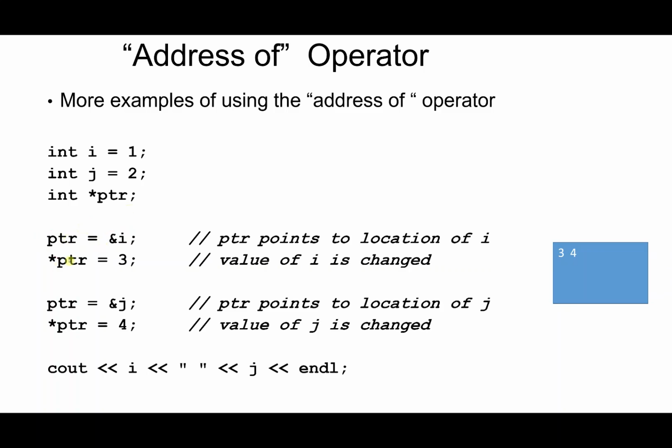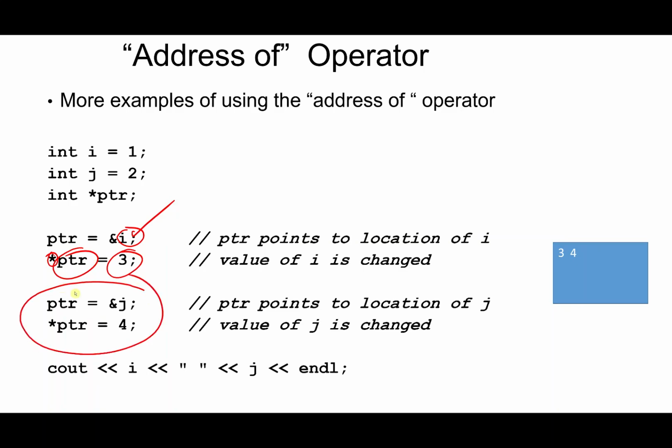Then, if you want to change the value of i via ptr, you dereference the ptr, so you access the content of that variable, right? Then you change it to 3. Same thing when we do that with j.